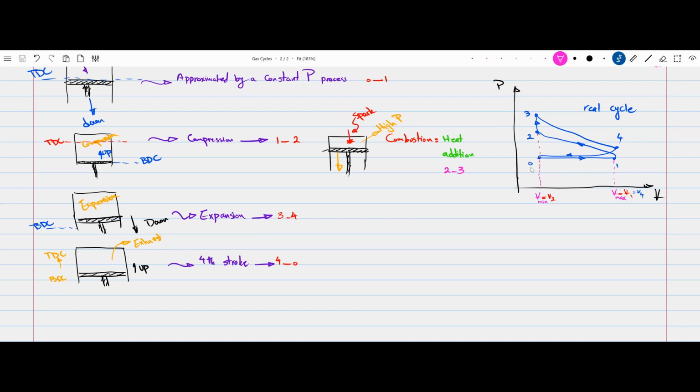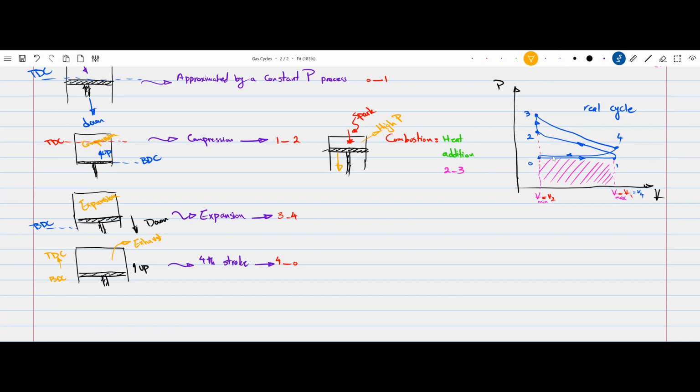So let's take a closer look at processes 0 to 1 and process 4 to 0. One can make the argument that 0 to 1 and 4 to 0 are very close to each other in opposite directions. So if, for example, you are analyzing this from a work perspective, 0 to 1 is an expansion. So you are getting some work out of this expansion. Whatever the work is, that will be equal to the area of the pink shaded rectangle.